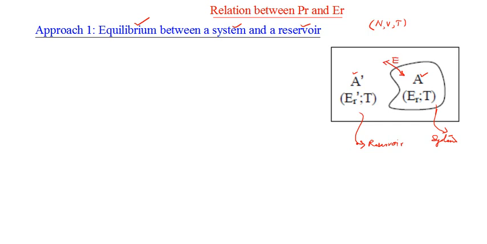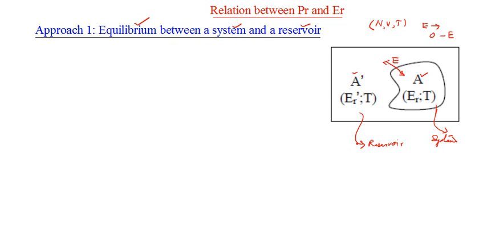It means that the system at any given instant of time can have energy that is varying from 0 to some fixed energy E, where the energy E will be the sum of ER, the energy that is possessed by the system at any instant, and ER prime.